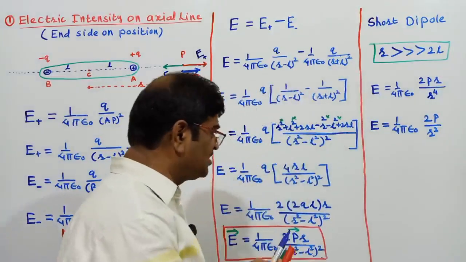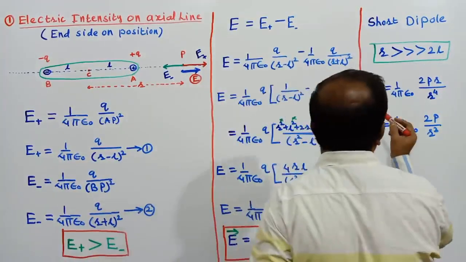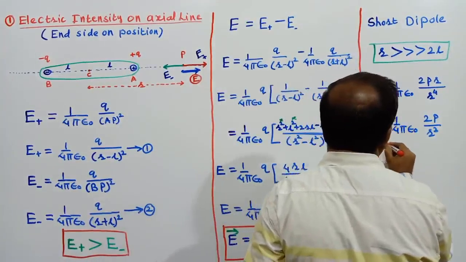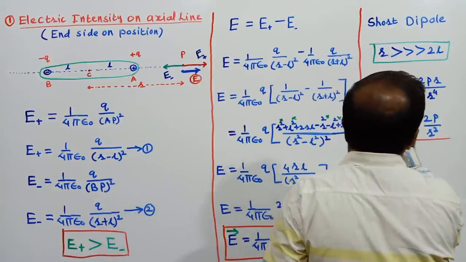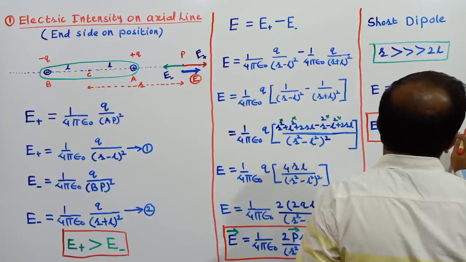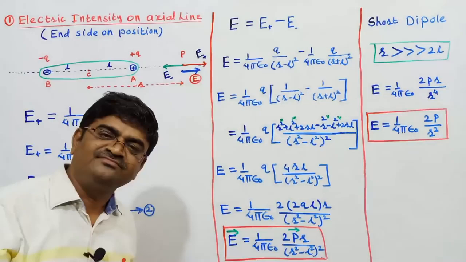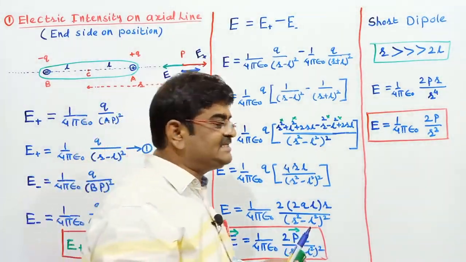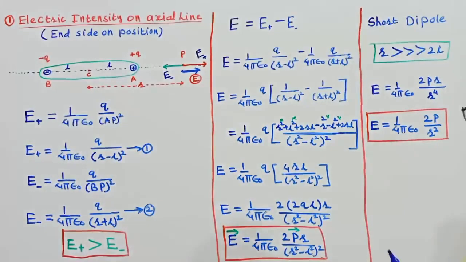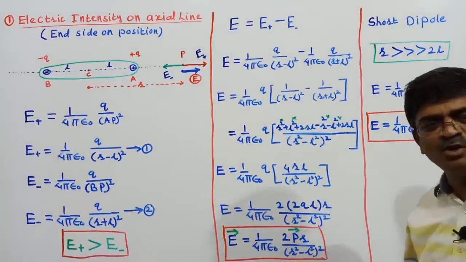And this is the expression that I would remember for electric intensity at any point on the axial line of the dipole. The only difference you can notice over here.